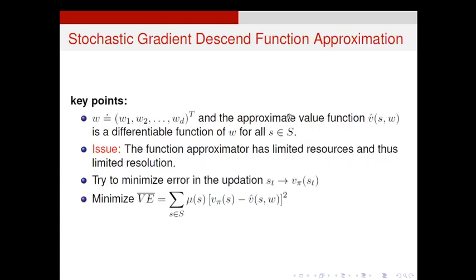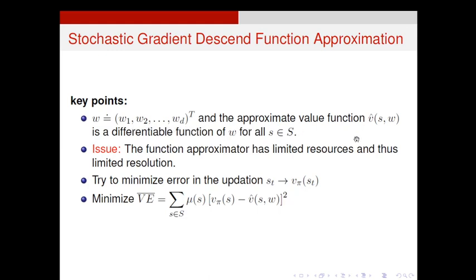Stochastic gradient descent function approximation. The key points in stochastic gradient descent function approximation are: the basic idea is the weight vector W. W is defined as a vector W1, W2, etc., WD transpose. So it is a d-dimensional vector of real numbers. W1, W2, etc. are real numbers.